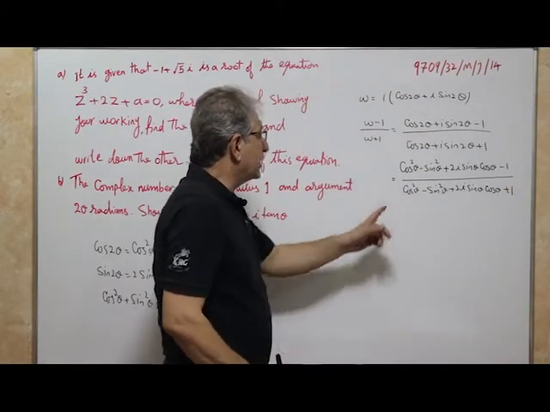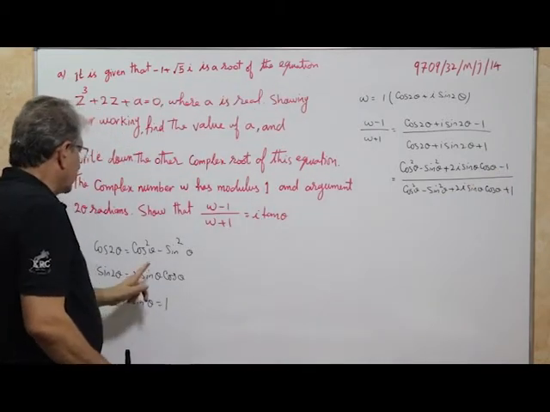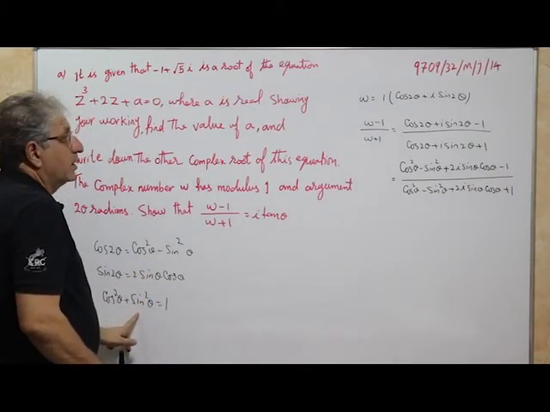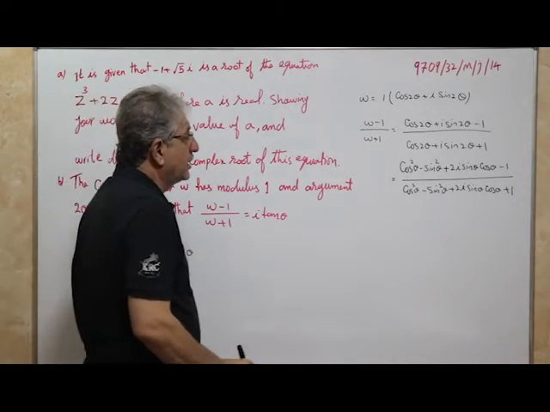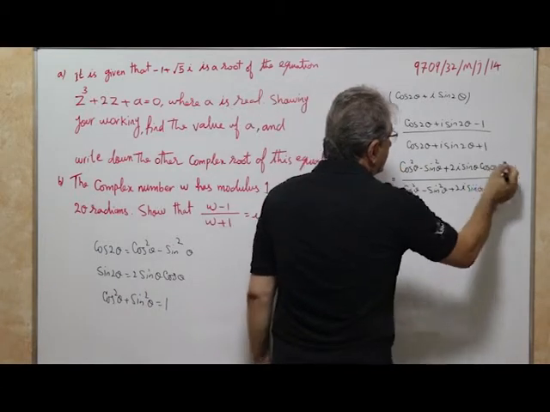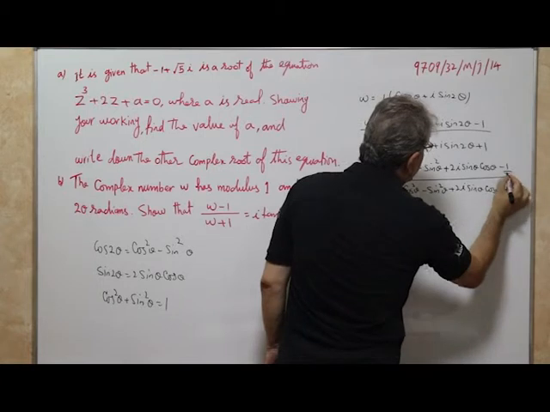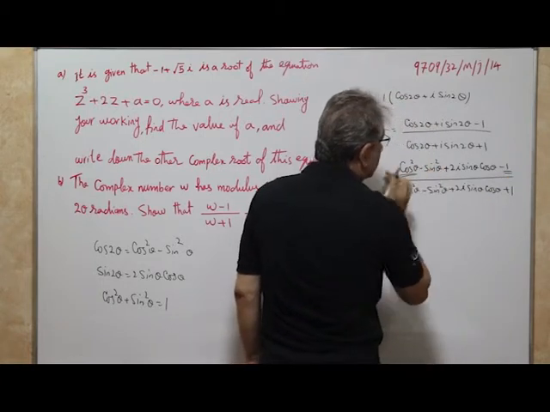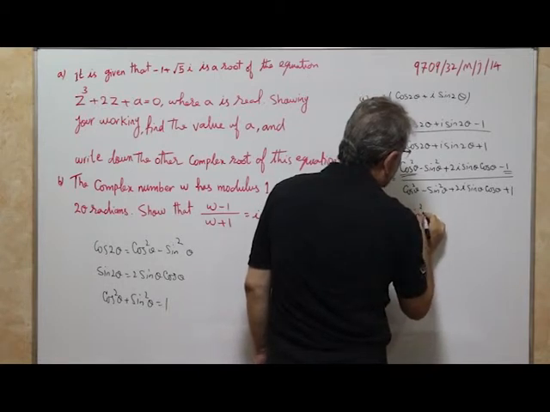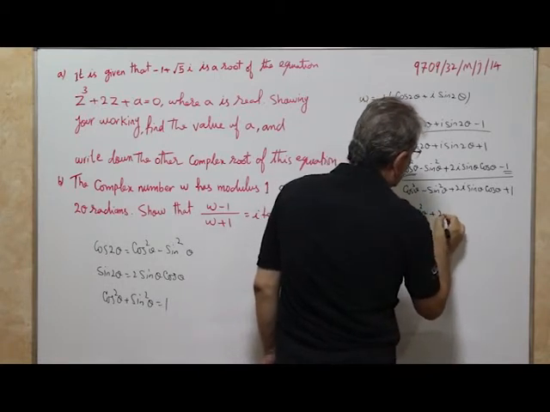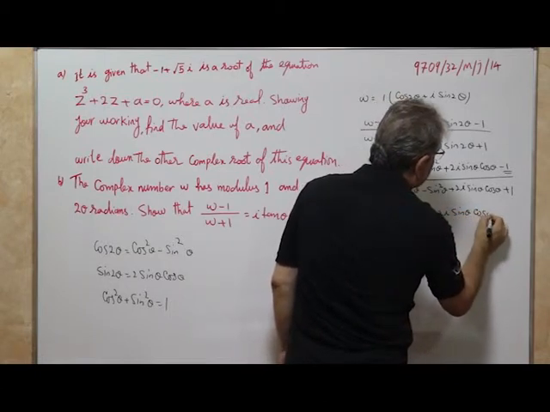Now, look at here, cos squared minus 1 is actually minus sin squared. Therefore, these two change to minus sin squared. And there is another sin squared here, therefore, we are getting minus 2 sin squared theta plus 2i sin theta cos theta.